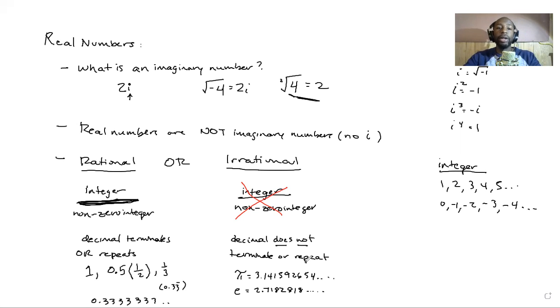And you see here, rational can be defined as an integer divided by another integer, as long as it's not 0. And then the decimal representation either terminates or repeats. Irrational, there is no clear integer divided by a non-zero integer that you can represent it with, and the decimal representation goes on and on and on forever.